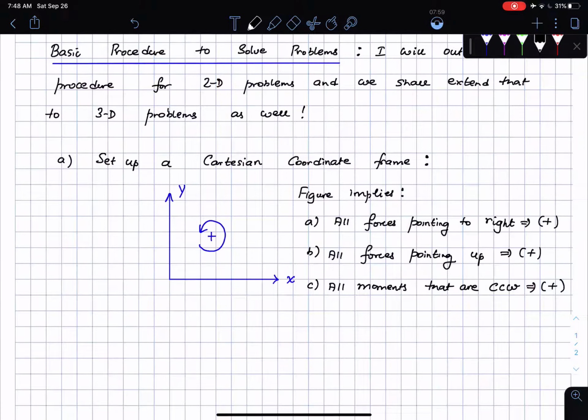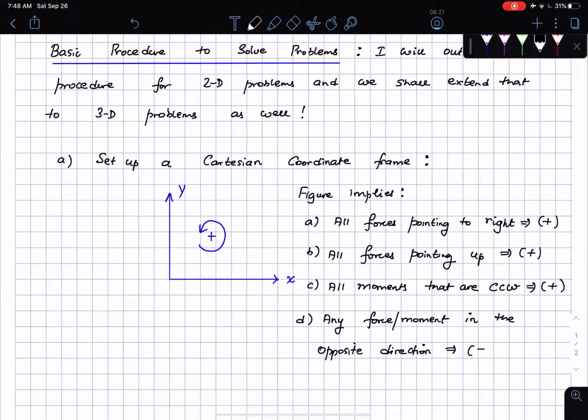Any force or moment pointing in the opposite direction to what we have just described will be negative. So this is the meaning of this figure, and it is very important that we keep drawing it for each and every problem.